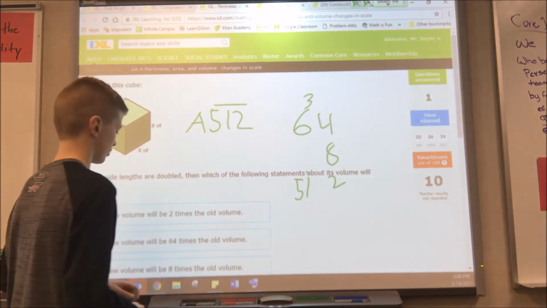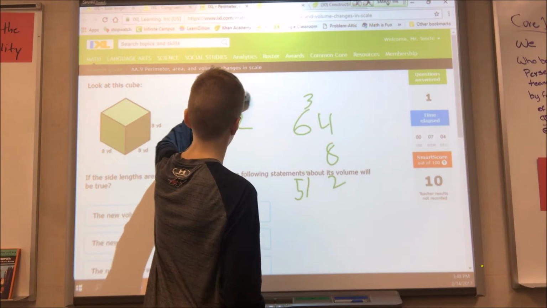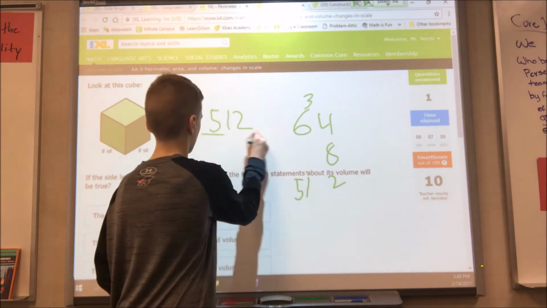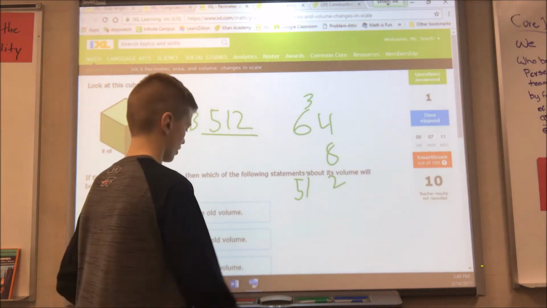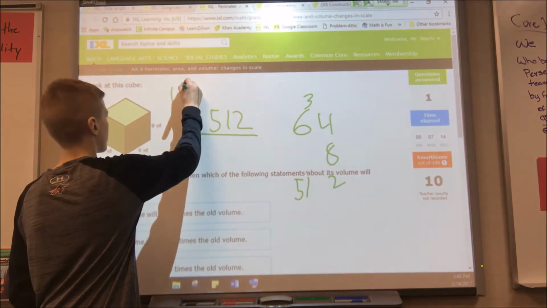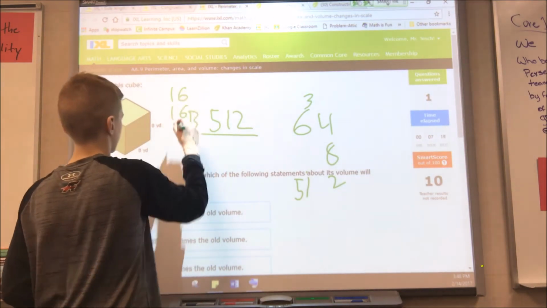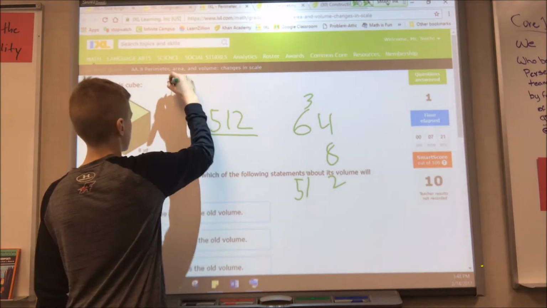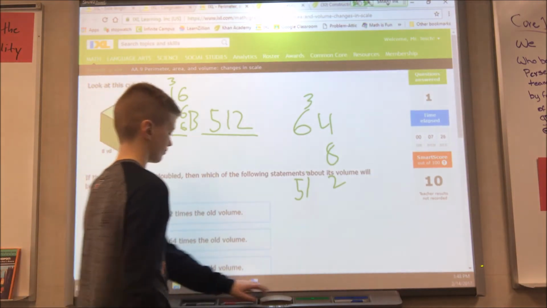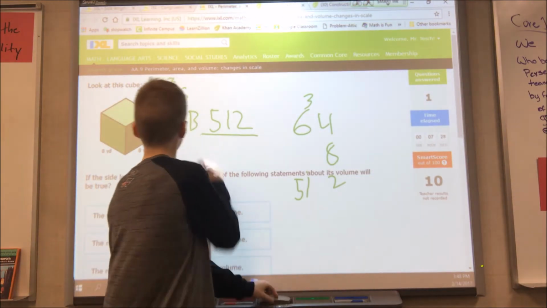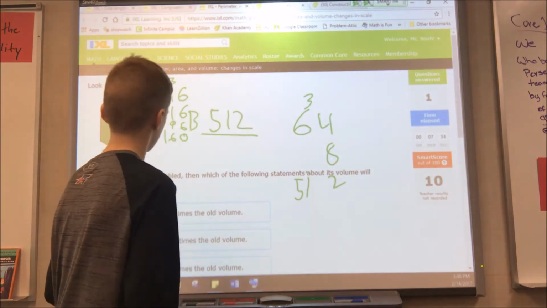And then the old one, or that's the old one, my bad. And so if you doubled all the numbers, that would be 16 times 16, which would equal 256.